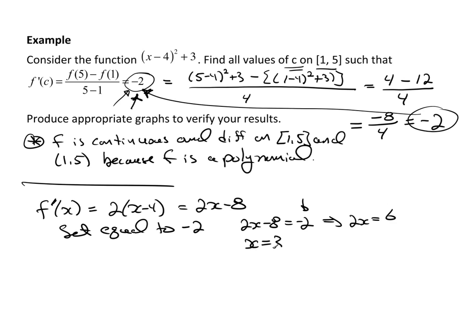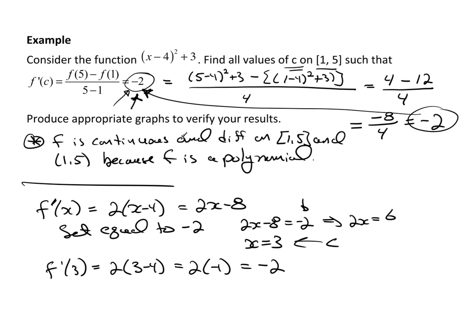So x equals 3. Now, f prime of 3 equals 2 times (3 minus 4), which is 2 times a negative 1, which is in fact a negative 2. So there's my value of c. The mean value theorem said it exists. We just went and found it using other techniques.